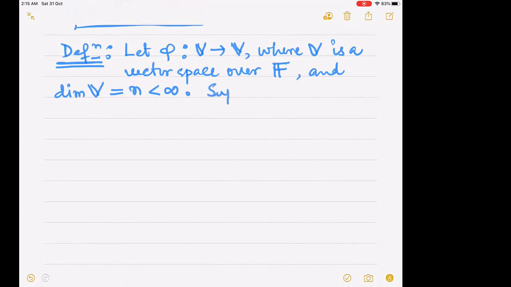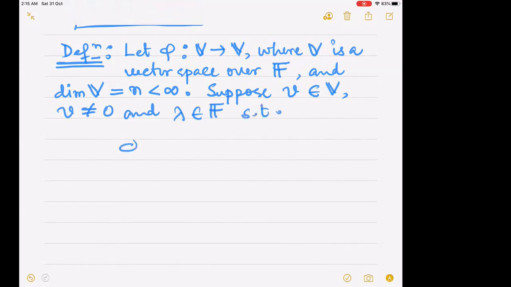Suppose v in V is a non-zero vector and lambda is a scalar from the field, such that phi's action on v is equal to lambda times v.